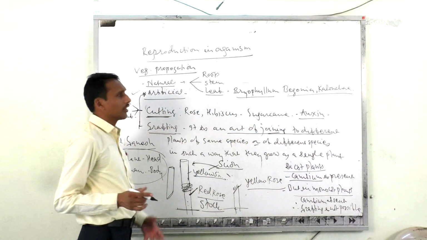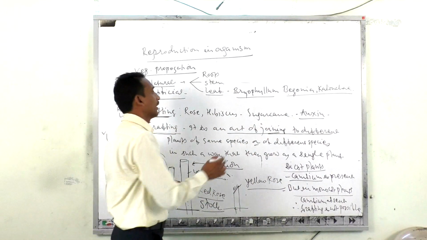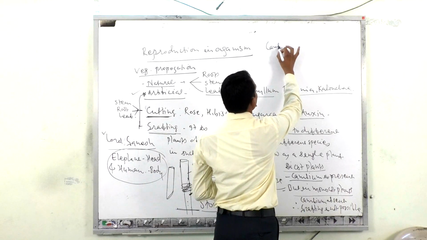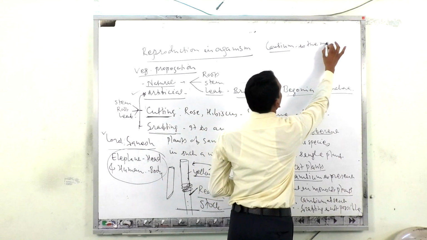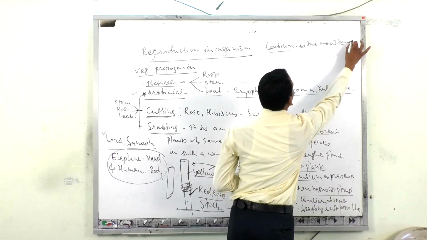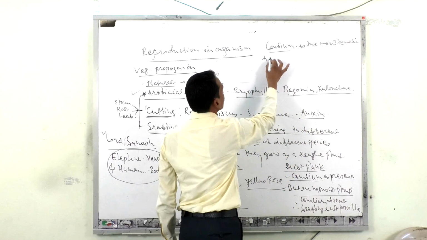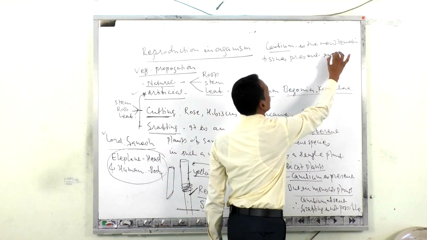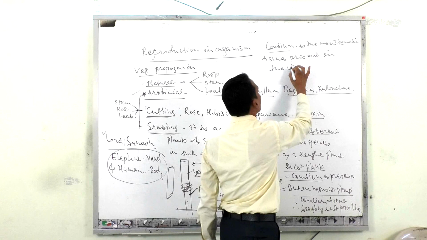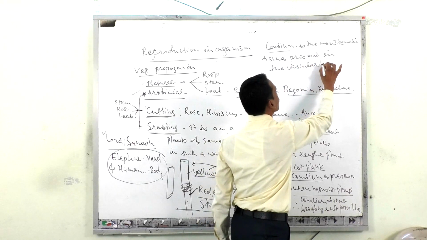So what is that particular cambium? Cambium is the meristematic tissue present in the vascular bundles.